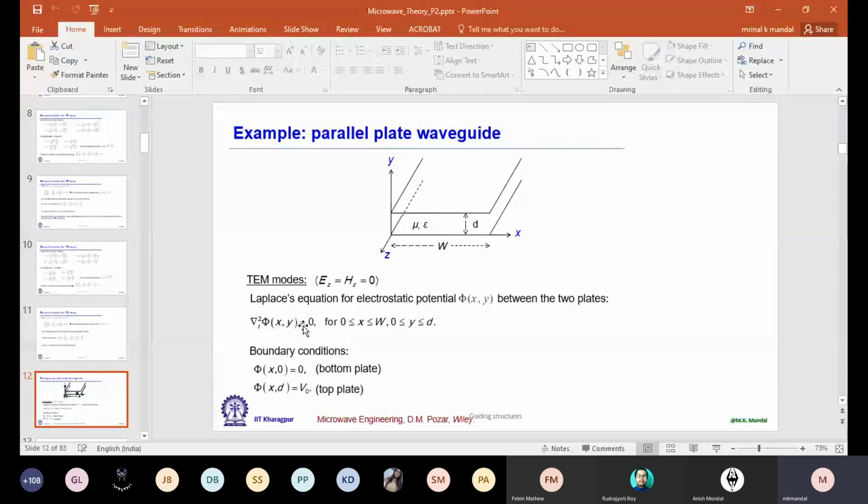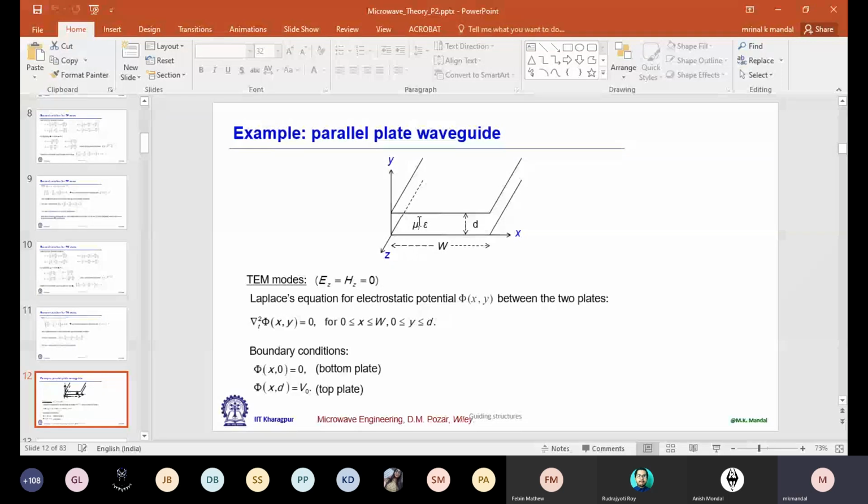And now what are the boundary conditions? If I consider electric potential, let us consider a reference plane. Let's say reference plane is defined by the bottom plate. So then, since it is the reference plane, you use the concept of ground, which we discussed last week. So since we are representing it as the ground plane, then phi on this plane is equal to 0.